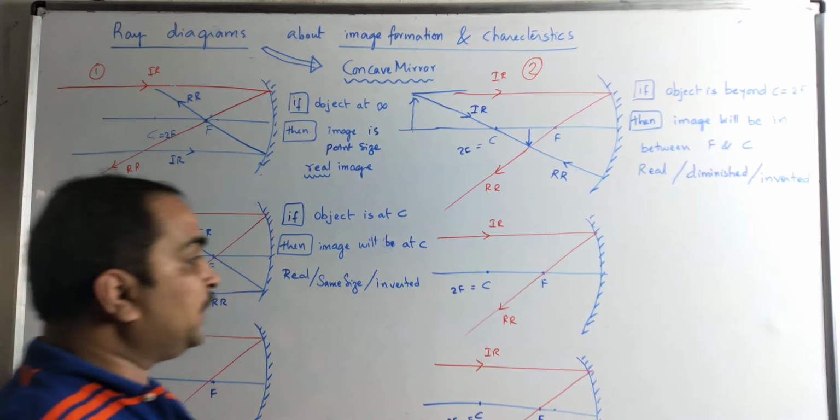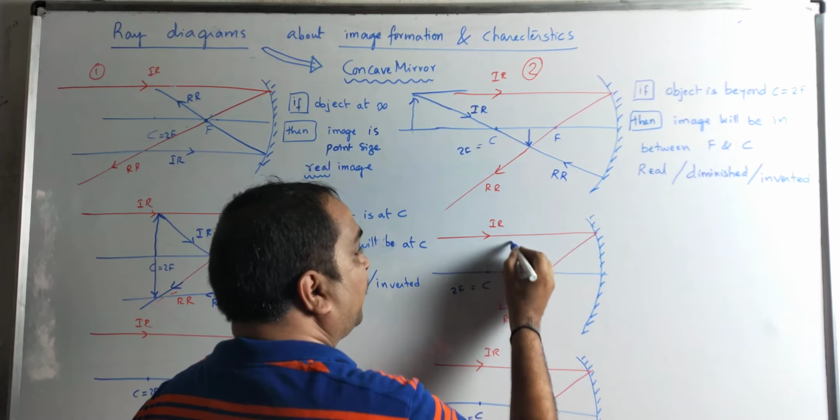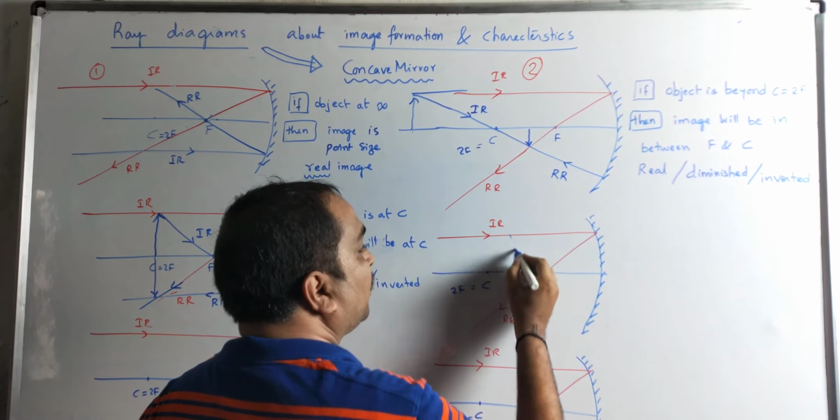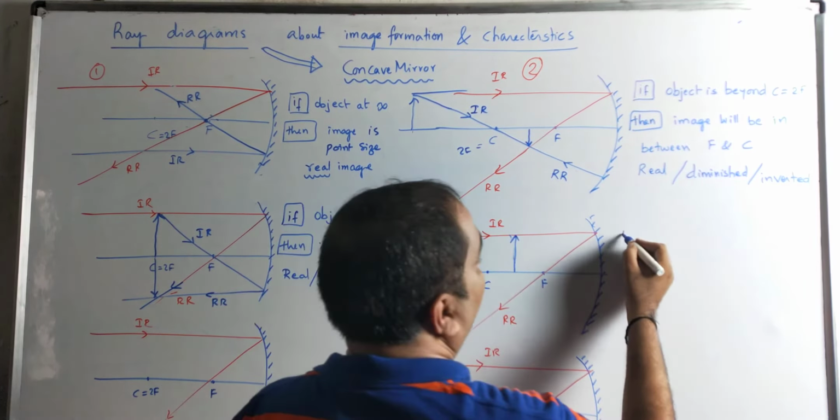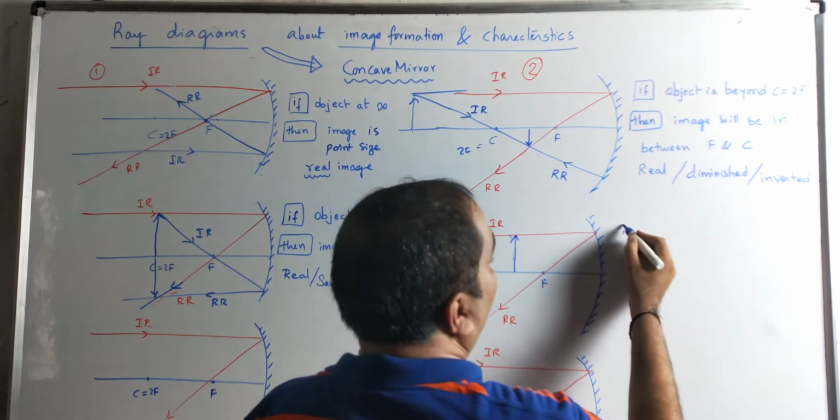Now we come to another ray diagram, where earlier it was kept beyond C and the image came in between. Now we keep the object in between C and F, then we'll see what happens to the image.